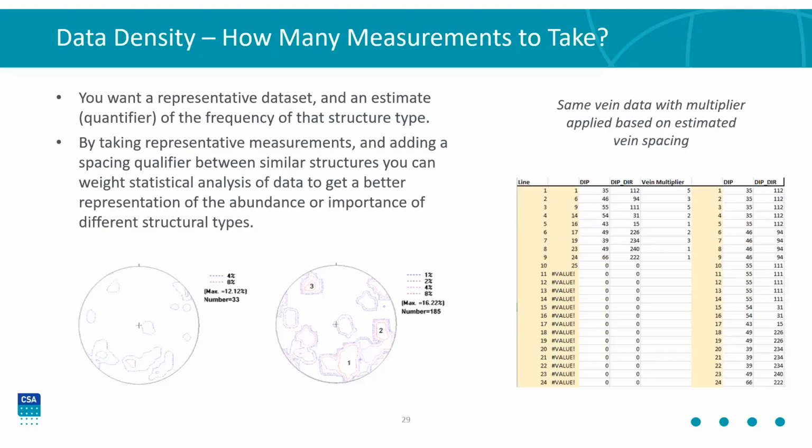That allows you to still get a weighted sort of statistical analysis of which structures are more abundant than others, without having to spend the time trying to measure every single structure, because I guarantee you it's almost impossible to measure every little tiny structural fracture. So it's much better to try and just collect representative data.